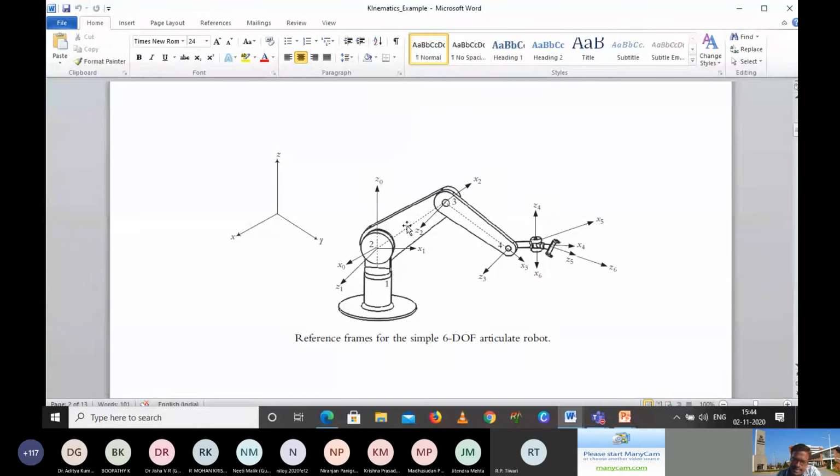Compared to the second link, the third link, you can see the second and third link form an RR manipulator, a revolute manipulator.